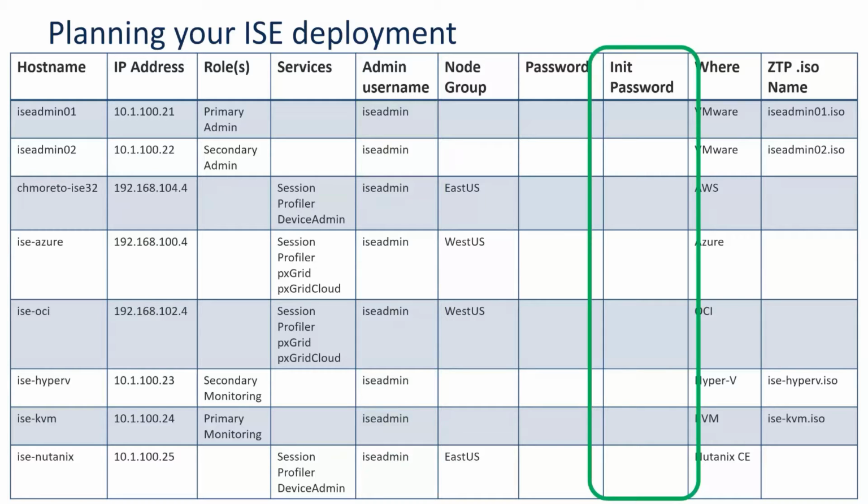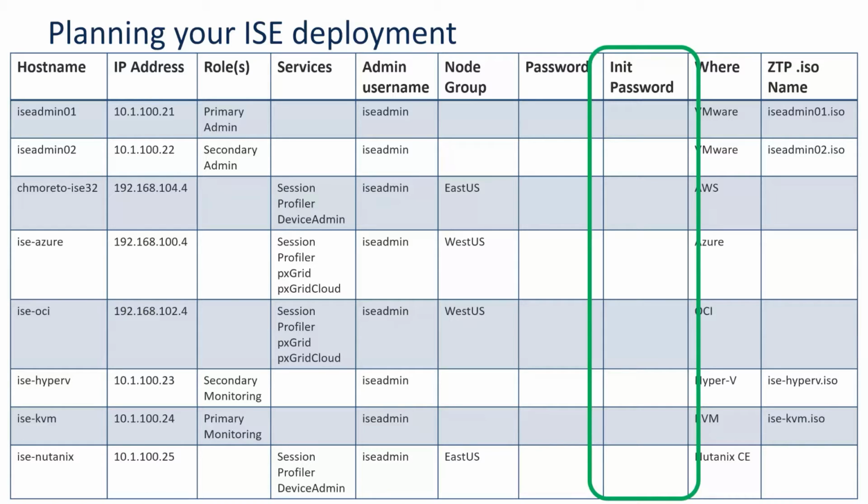So you need to keep track of what that initialized password is, because if you're using a serial console to log into your CLI, then that's going to use this password, because remember, your GUI admin and your CLI admin are two separate accounts. So keep that in mind. Also, down here in the bottom right, if you see Nutanix CE, I don't have zero-touch provisioning enabled for that one. That's just one that I enabled manually, and I installed it just for bare bones.